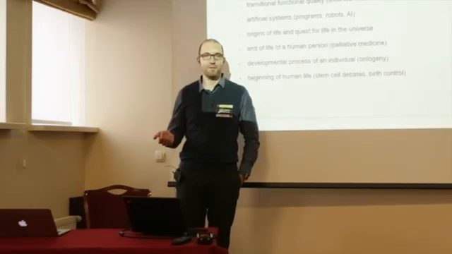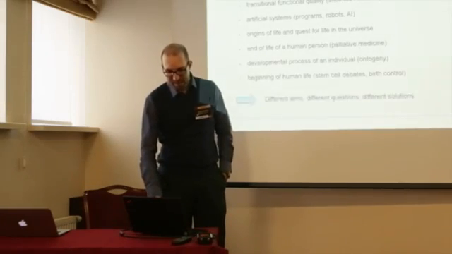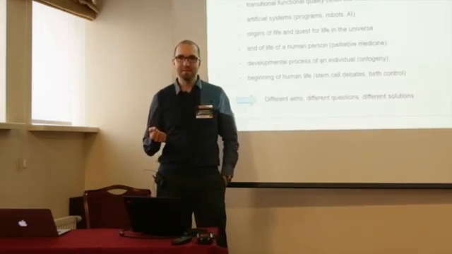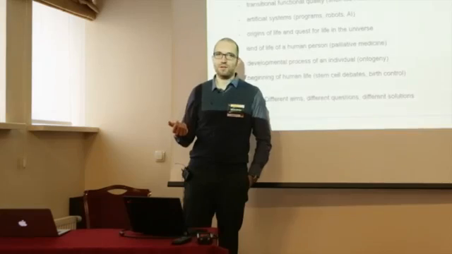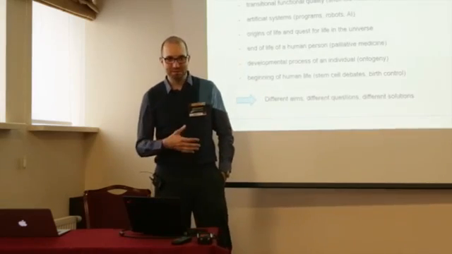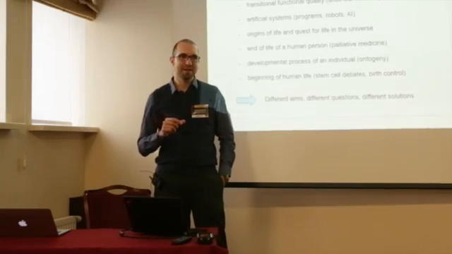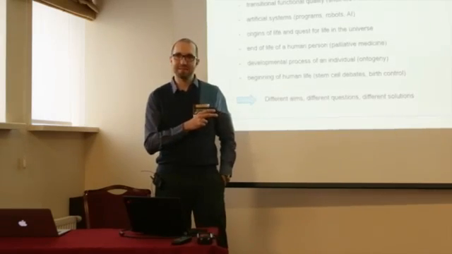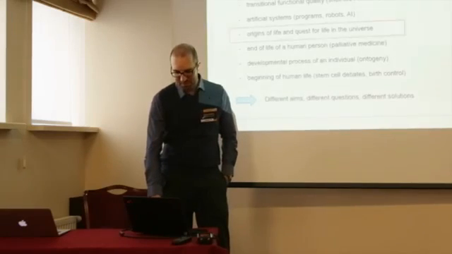These are completely different questions, and so to my mind they all have different aims, address different questions, and need different solutions. So in this way, we won't find one definition of life that fits all of them. So we need to focus on what we're interested in.